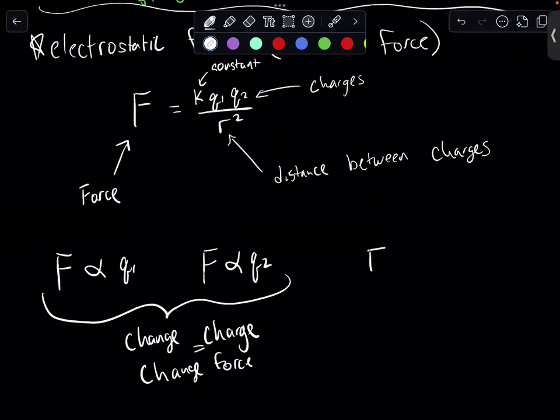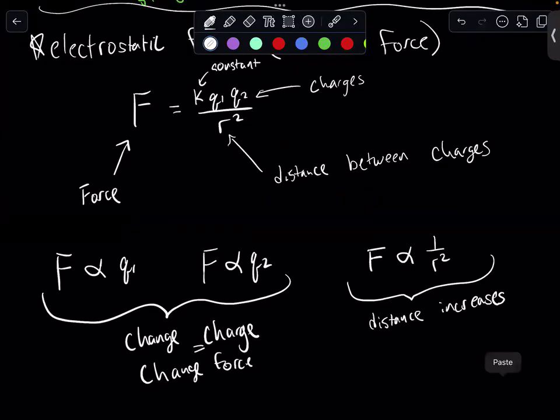But here's where it gets interesting. Force is also proportional to the inverse squared of the distance. Therefore, if distance increases, force decreases a lot. Because it's inverse squared, if we double the radius, we are one-fourthing the force.